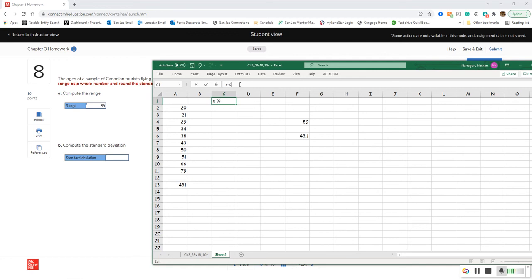Yeah, since it's a sample, it's X bar. So we're just going to put it as big X. Right now, I can't put that term in unless I go search for it and copy and paste kind of thing. So you can call it X bar. X bar. There we go.